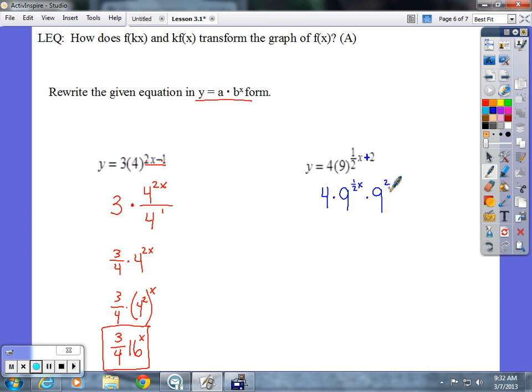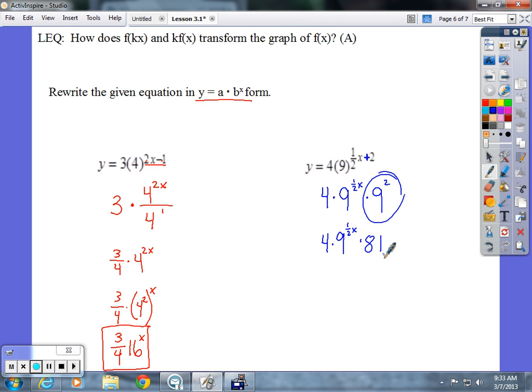Now the reason I was able to do that is because I have addition. Addition means multiplication, so I can separate that using multiplication. Why does that help? Because I know what 9 squared is. 9 squared is 81. So 4 times 9 to the 1/2 x times 81.